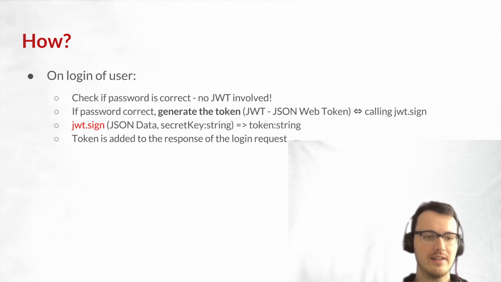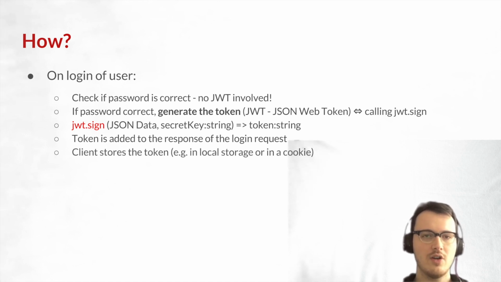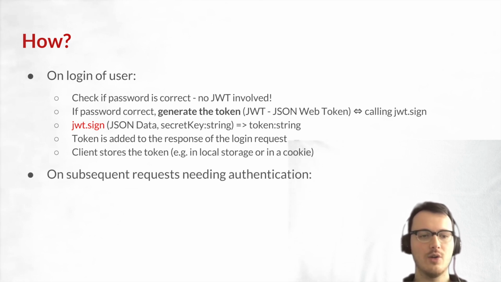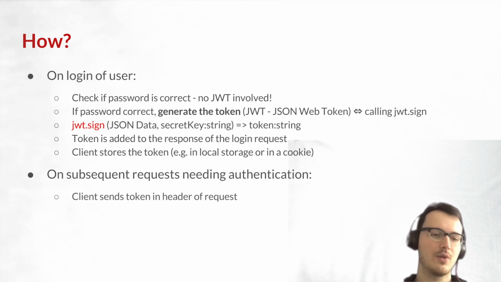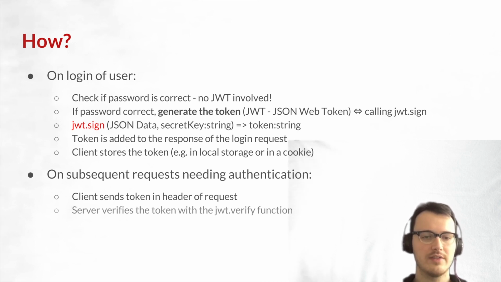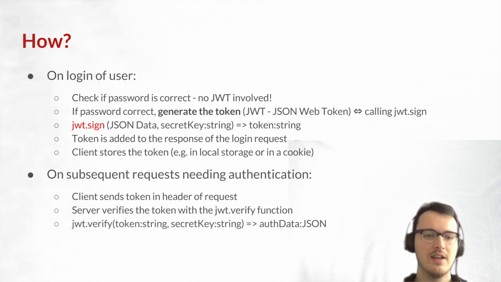The front end, the client, stores the token, for example, in local storage or in a cookie, so it can attach it on a subsequent request. In the header of a subsequent request, the client attaches the token. And then the server uses the JWT verify function. The JWT verify function is kind of the inverse of the signing function.